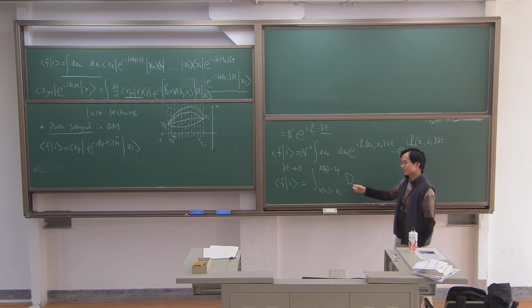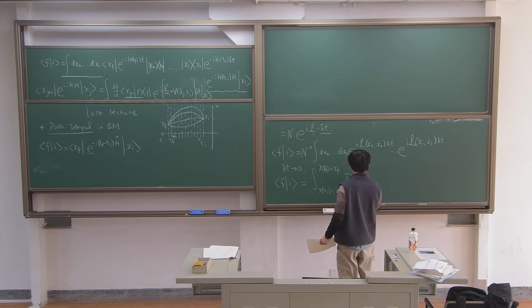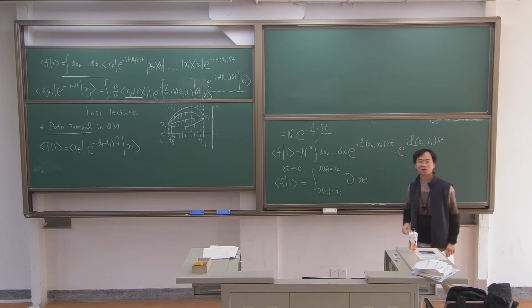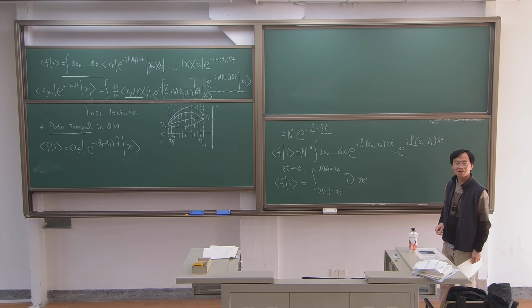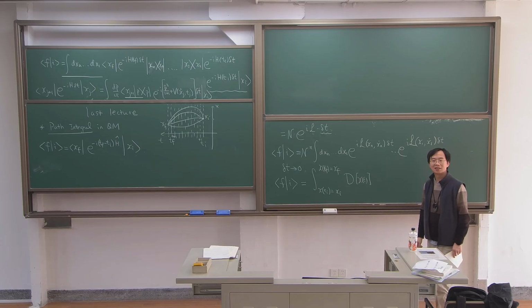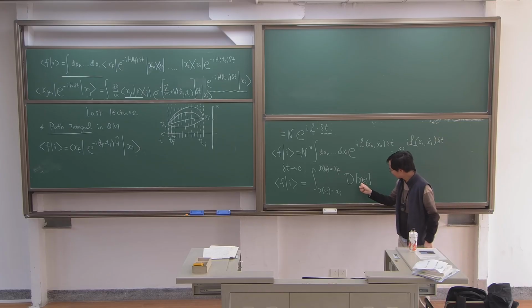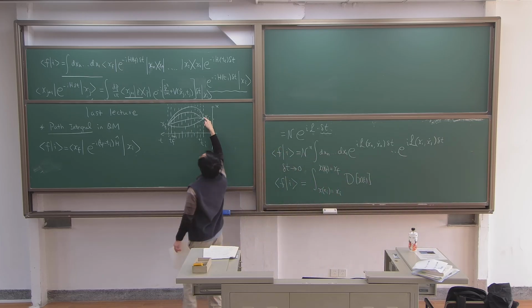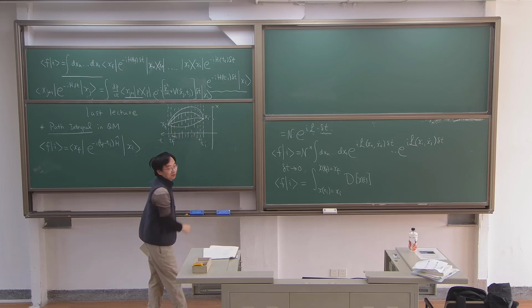Here I use capital D, and this integral measure is for the path. This is different from the previous integral. This capital D x(t), sometimes we also write it in this way, means a sum over all the different paths. One path is specified by x(t), because x(t) describes a function, which describes one particular path, not a sum over all the paths.